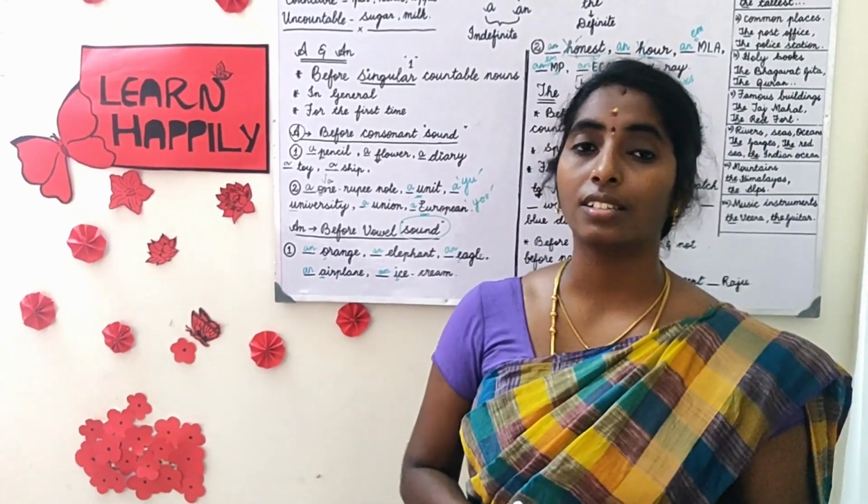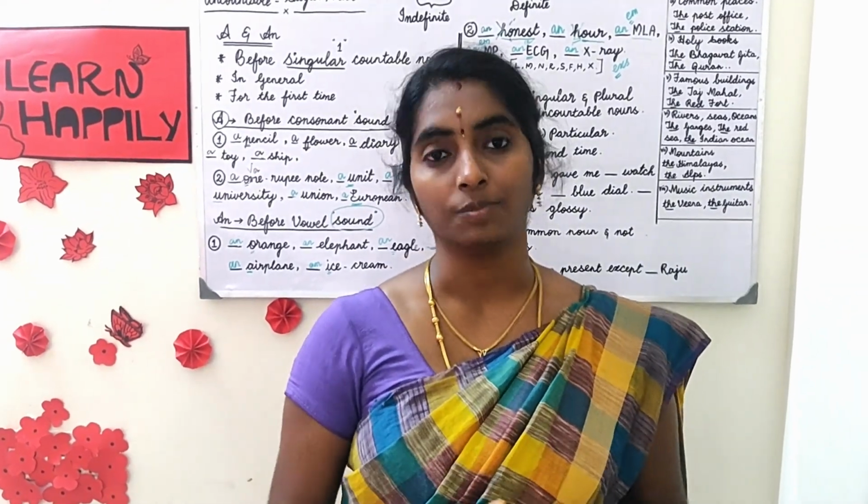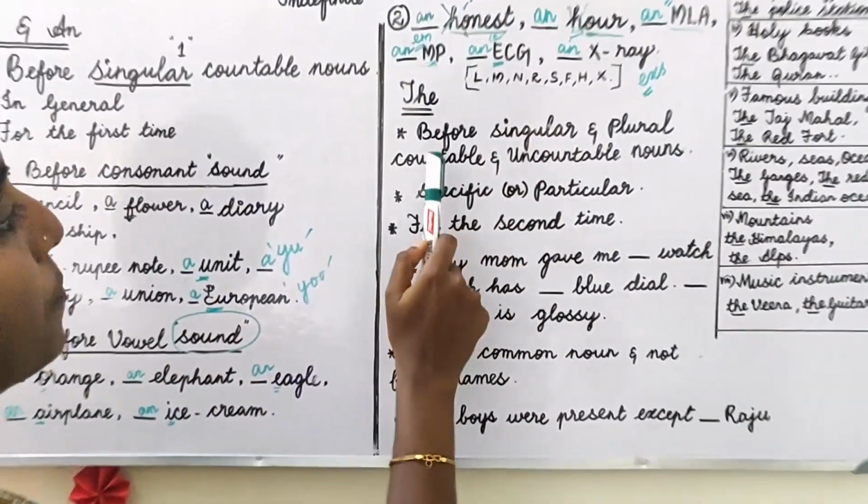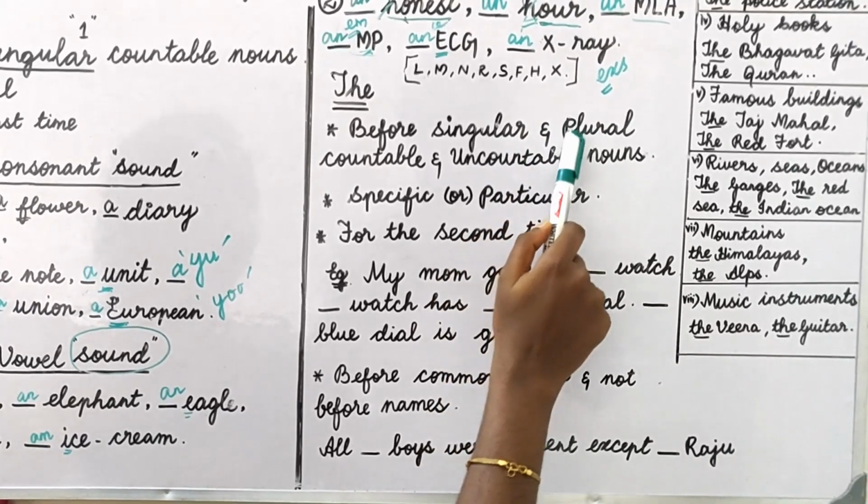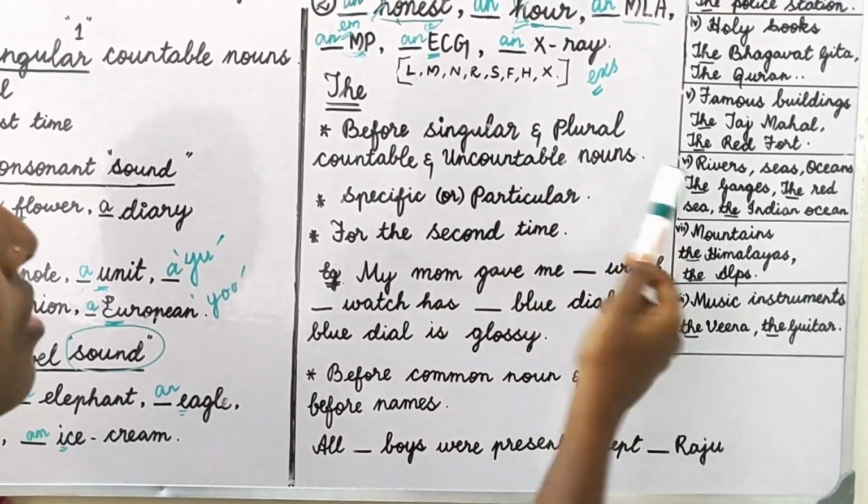Okay, fine. Next, coming to the definite article the, where it should be used. The is used before singular and plural countable as well as uncountable nouns.